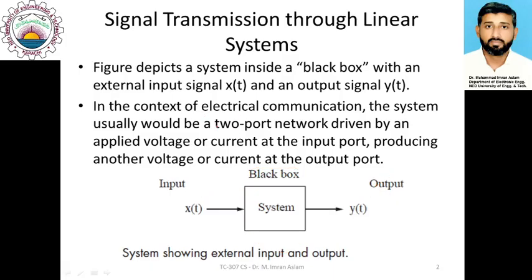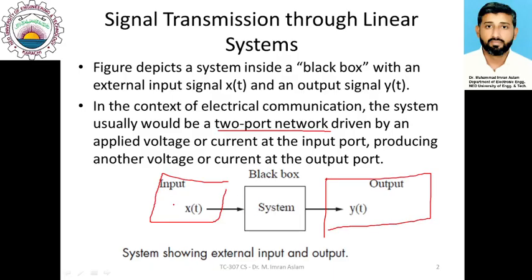From the point of view of communication systems, of course, this system is actually a two-port network. You can see that generally we have one input port and one output port. So our system is actually providing a transformation from input to the output.